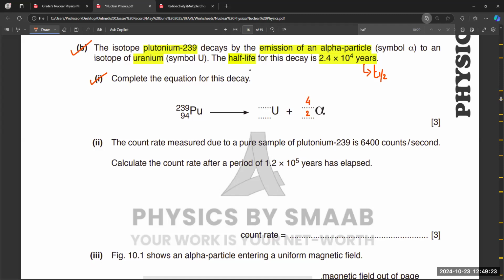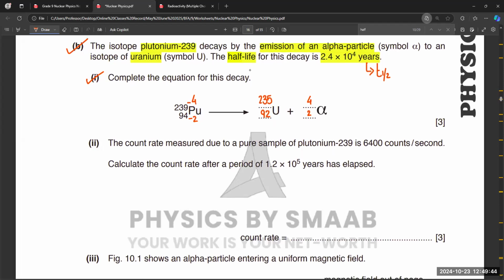And from the atomic number, we need to subtract 2, which means we will get 92 over here. And from 239, we need to subtract 4, so it will be equal to 235. Okay. So this is the scenario for the equation.